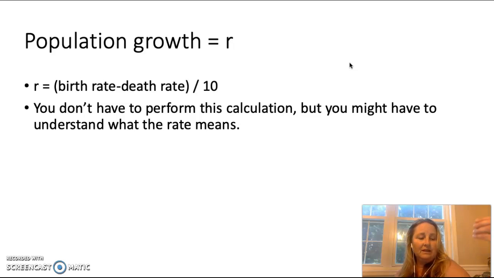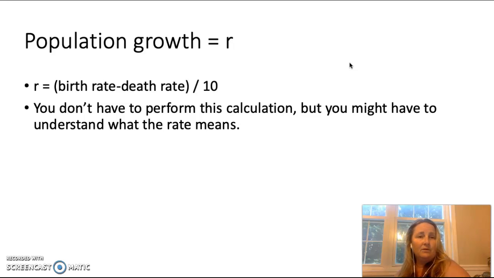So a country like Japan, where we know that they have a lot more people that are post-reproductive age and very few children, their growth rate would be negative 0.3%. In the US, our growth rate is about 0.7%, so we're kind of stable.